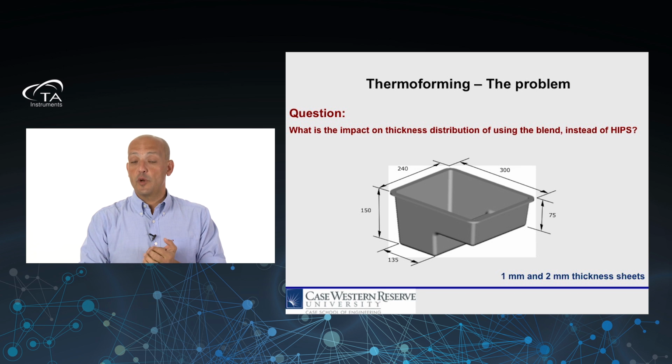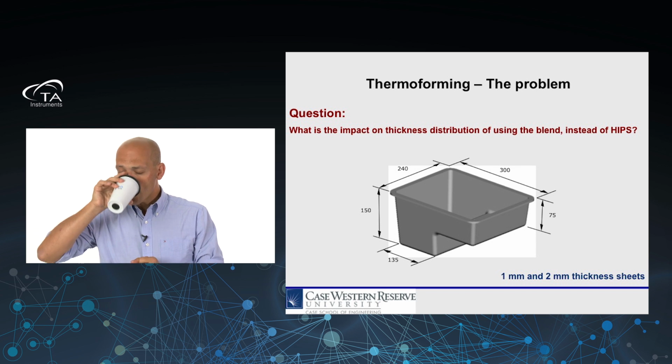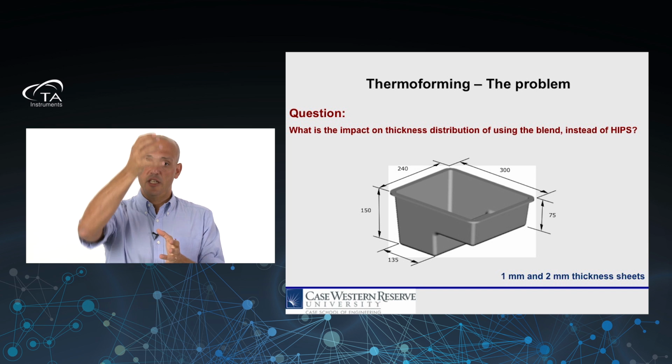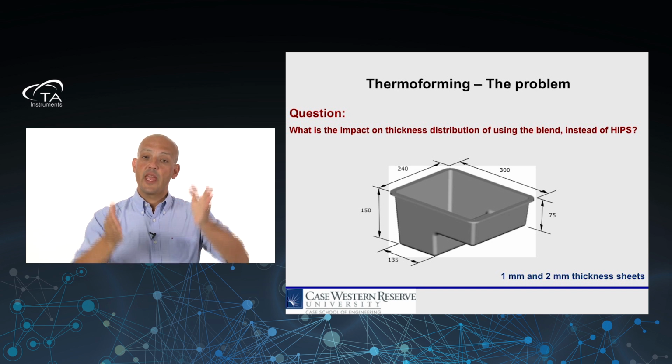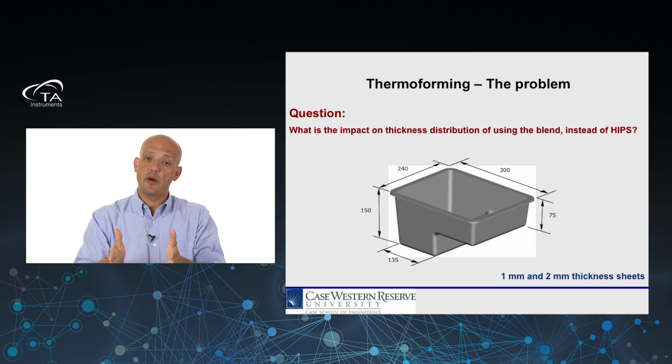Or you can have what we call deep draw thermoforming, where you have a deep mold and the bubble, as it deforms, hits the walls first and then progresses down the walls until it hits the base.